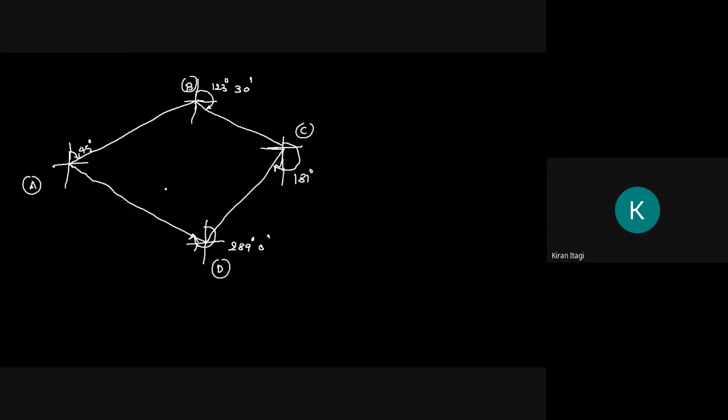In the question he has given fore bearing and back bearing. Therefore, how will we do the calculation? I will write the back bearing also.